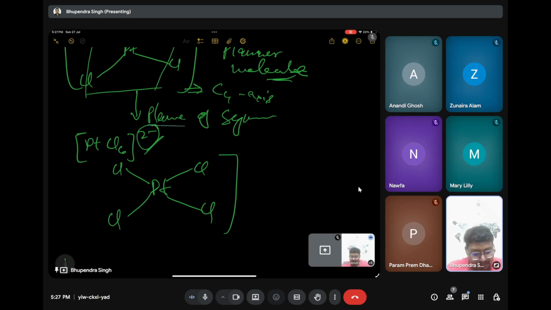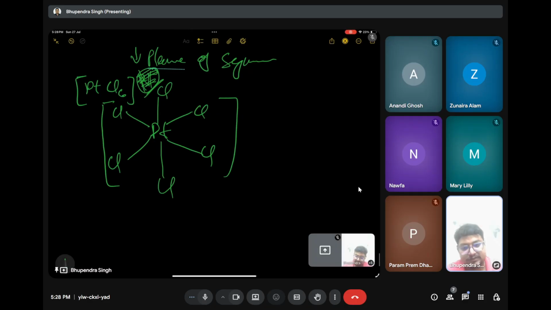Okay, nobody is replying, I believe. So PtCl6, this should not be there. This is PtCl6, it should look like this. This is non-planar.